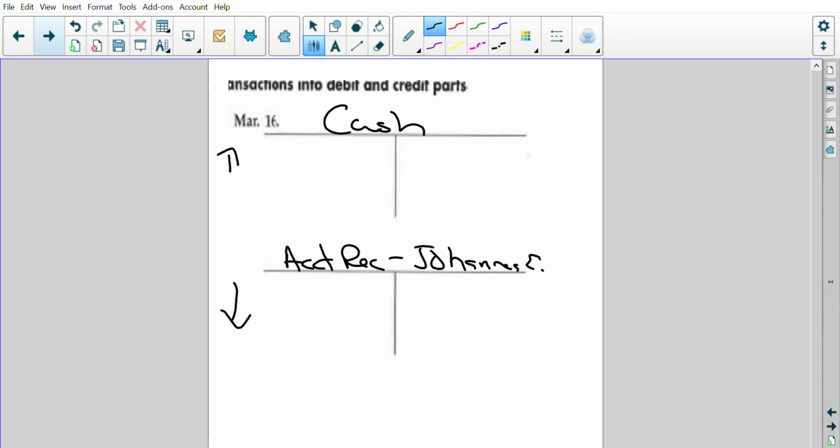So to increase an asset, I'm gonna put 125 under cash. To decrease an asset, I put 125 credit. Questions? Everybody good? All right.